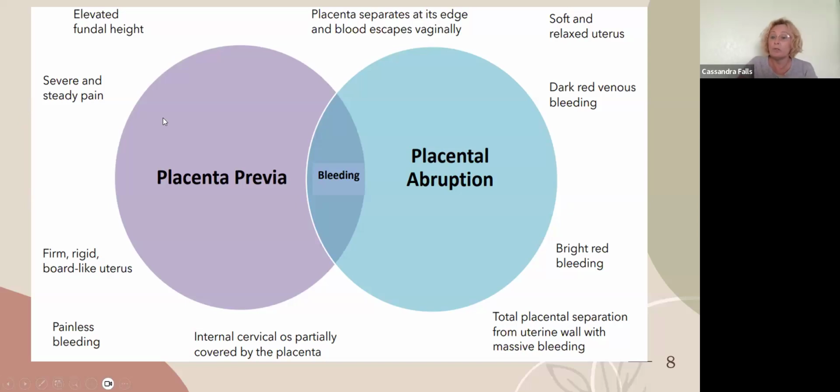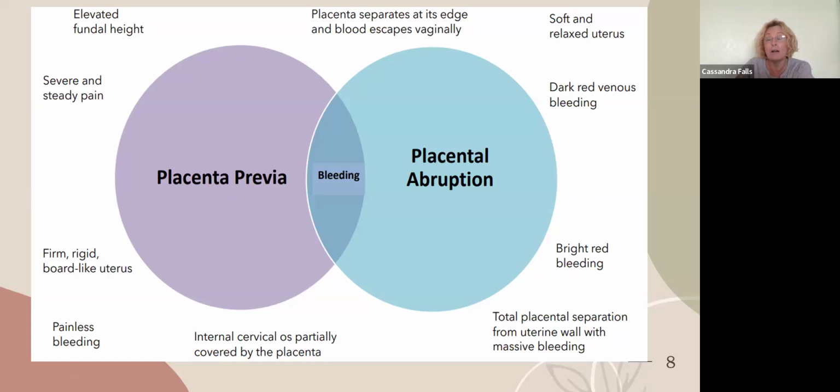So we know dark red venous blood with placental abruption, bright red bleeding, very oxygenated blood with placenta previa, straight from the maternal side. No pain with placenta previa, severe, steady, constant pain with abruption.